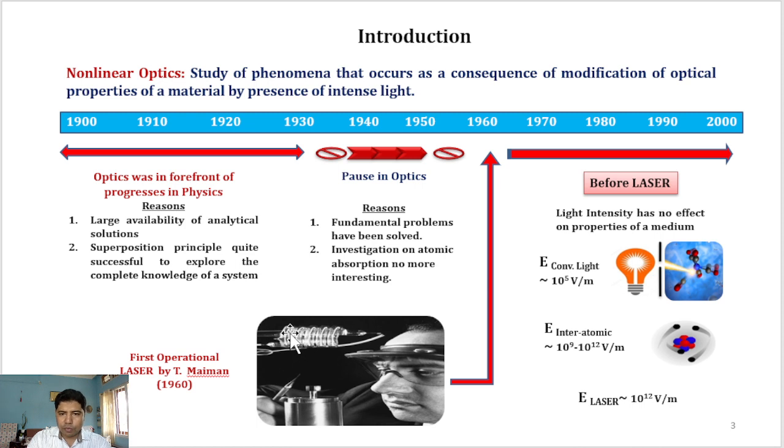The problem with those lights was that though they were able to interact with atoms or molecules, they were unable to go inside the atomic radius.